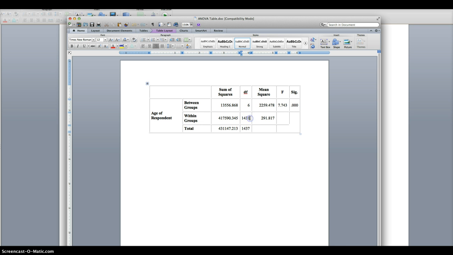Again, for the degrees of freedom, we take one away from each group. So if we had 7 groups and we took one away from each one, that'd be 1,438 people. This score is called an F score. But really what we're looking for is to determine whether or not this number is less than 0.05.